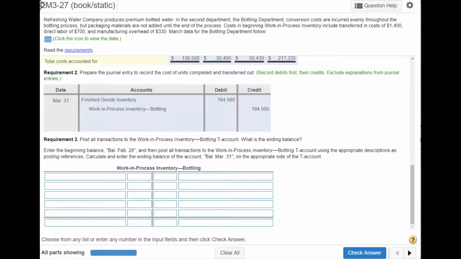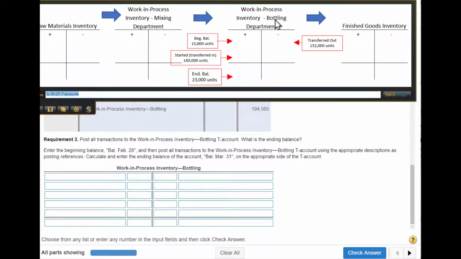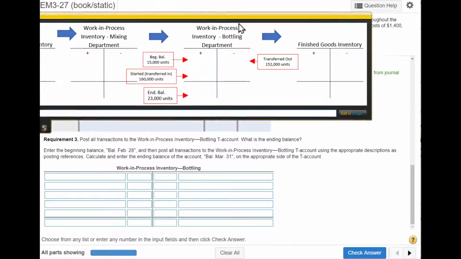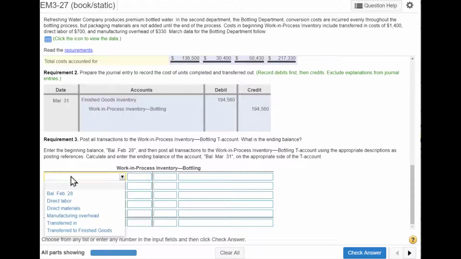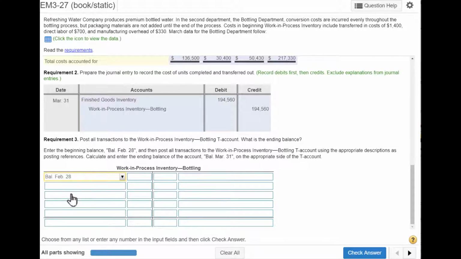So we know, remember we're talking about this bottling department, we're going to have a beginning balance and then the costs that were transferred in and added, and then we're going to have some transferred out, and then we'll have an ending balance. So as always in a work in process, we have a beginning balance at the beginning of the month. We transferred in some costs.